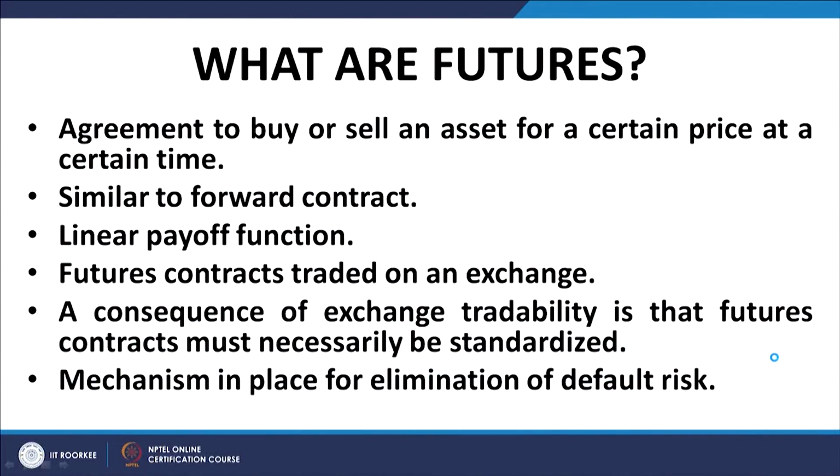And therefore, the issue of creditworthiness becomes very significant, and this kind of trading would not be possible unless that default risk factor is eliminated from the futures transactions. How this is done is very important. That forms the core, the cornerstone of the development of the theory of futures. So, let us move to that.